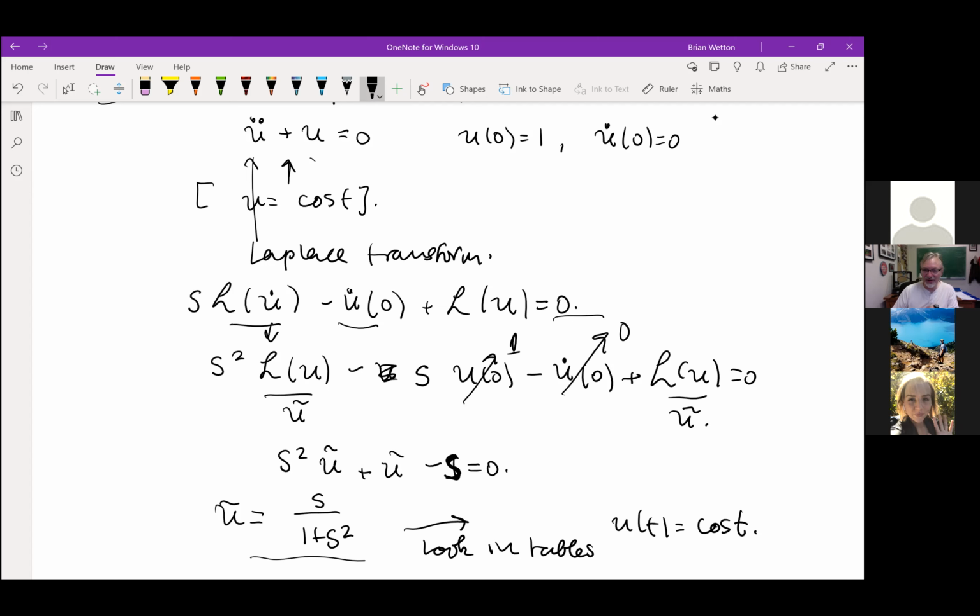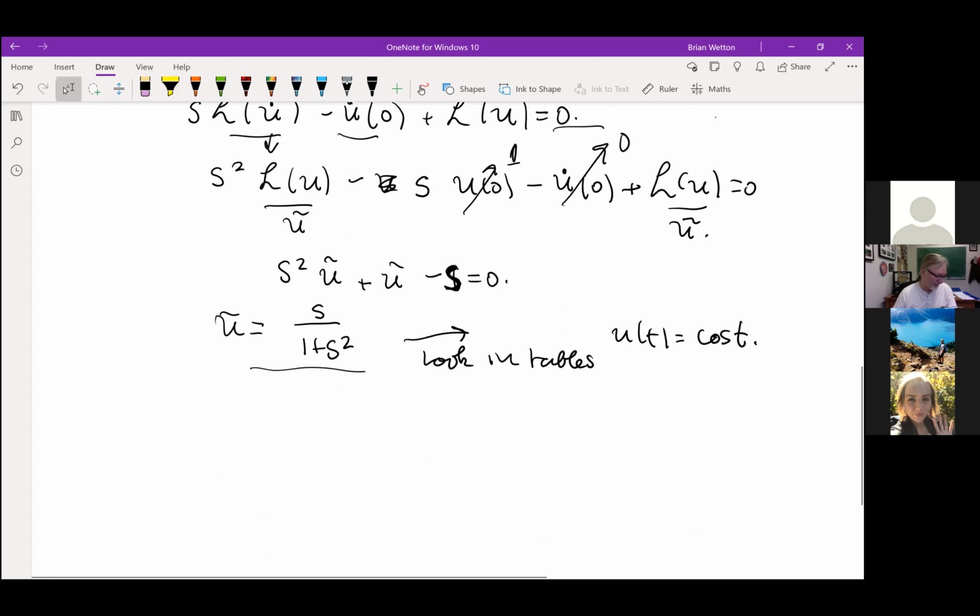Now, I'm a method of undetermined coefficients fan, so that's the way I do it. But if you're more comfortable with the algebra with the Laplace transform, it's just different algebra getting to the same solution, and that's something the Laplace transform can be useful for.